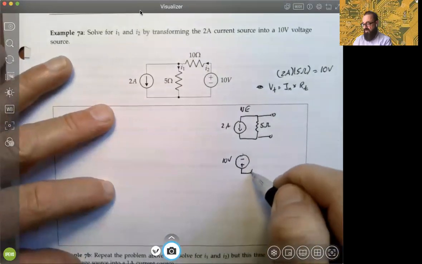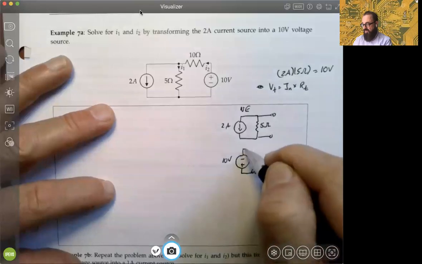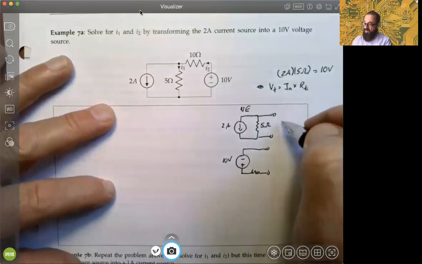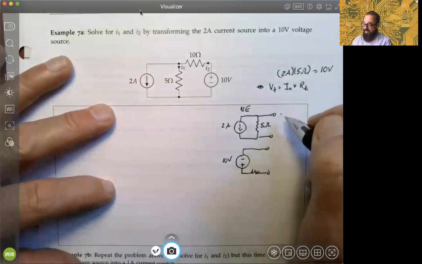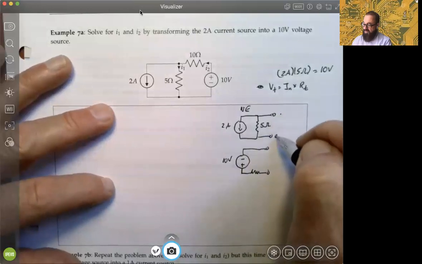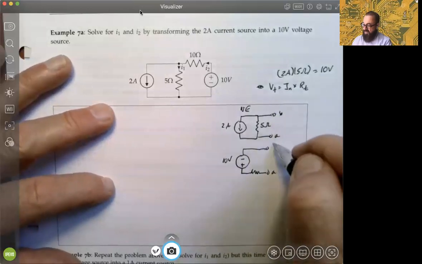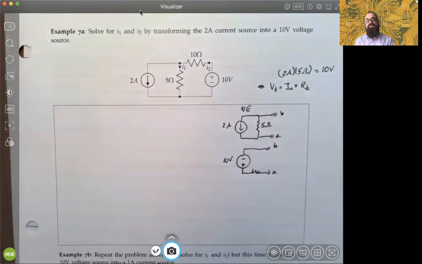You're absolutely right. We should always connect it to the positive like we've always had, okay? So again, if this is AB, this is AB, matching that. Okay, so those are two equivalents. Again, pay attention to the alignments.